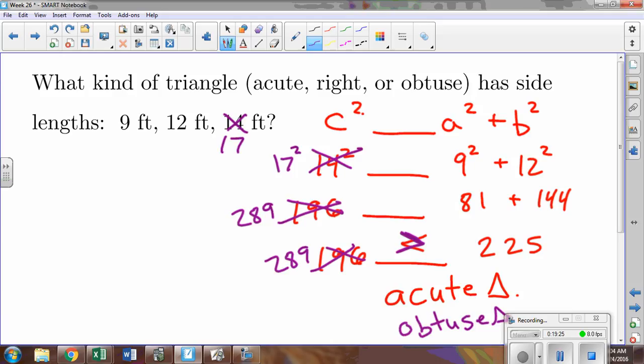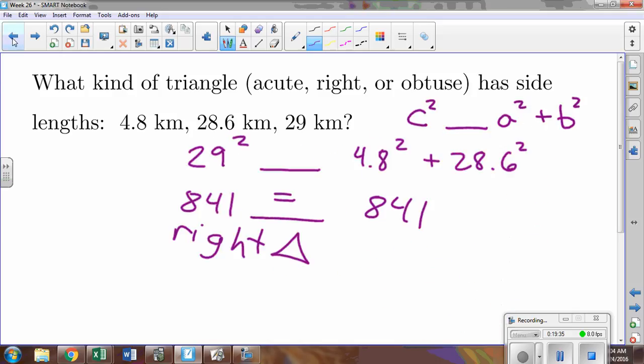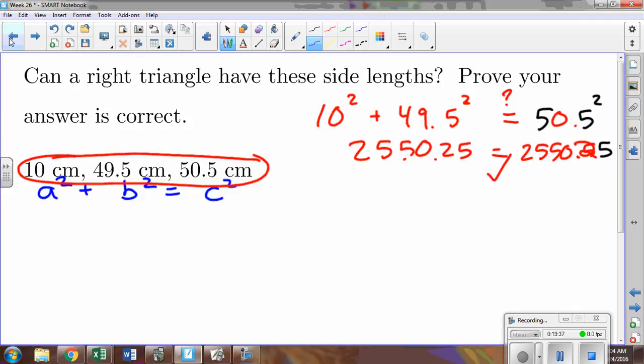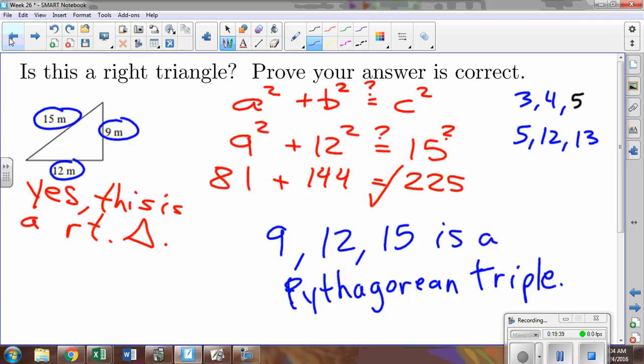Do you know what number would make it a right triangle? Don't you remember our notes a little bit ago? What sides did we have before? 9, 12, and 15 created a Pythagorean triple, so with legs of 9 and 12, we'd have to have a hypotenuse of 15 for it to be a right triangle.